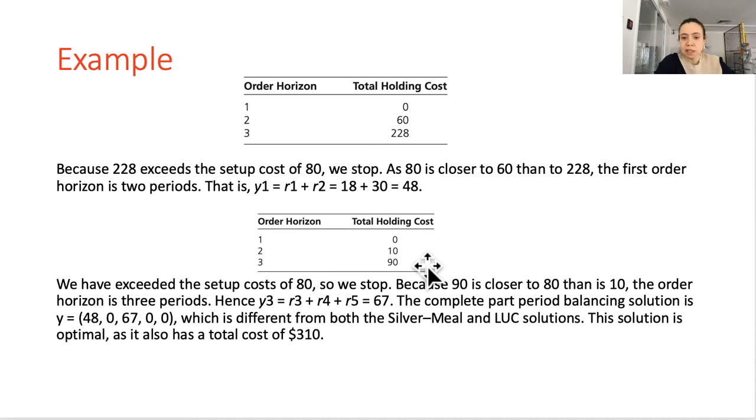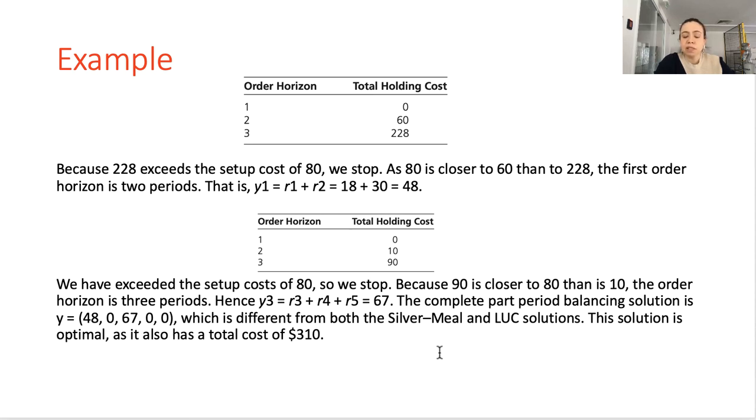Here we see that 90 exceeded our setup cost 80, so we stop and we check if 10 is closer to 80 or 90 is closer to 80, and we see that 90 is closer to 80. So we decide to make a production plan for 3 periods. So in fact, in the end, we have such a production plan 48, 0, 67, 0, 0.